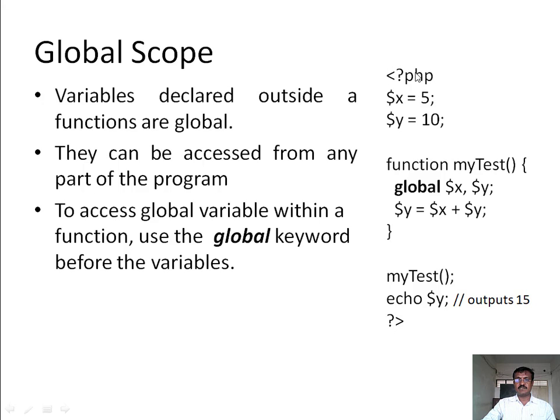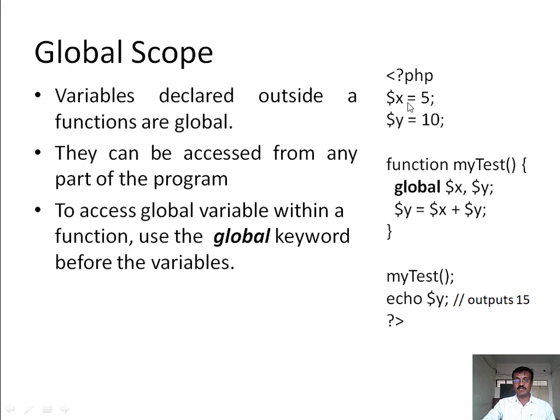This is a PHP code. Here I have declared variable x and variable y outside of the function, hence they are of global scope. So these variables can be accessible anywhere in your code, but to access those variables within a function, that is not possible by default.